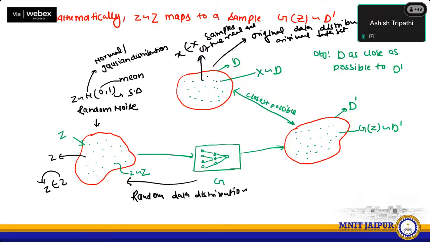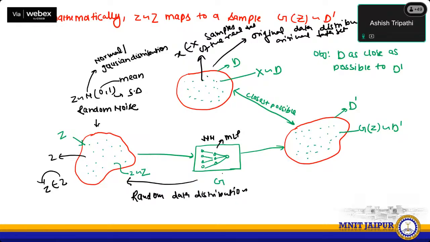And what is the role of G? As I have told you, G is nothing but some neural network. At this moment, assume that G is a simple MLP, multi-layer perceptron model.